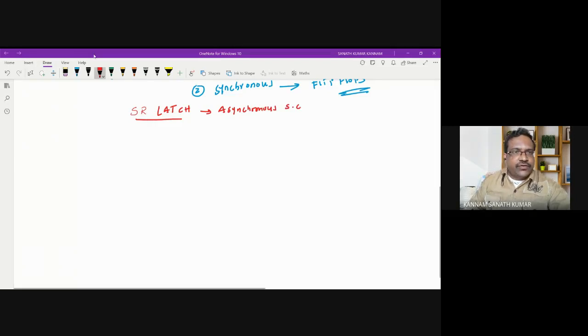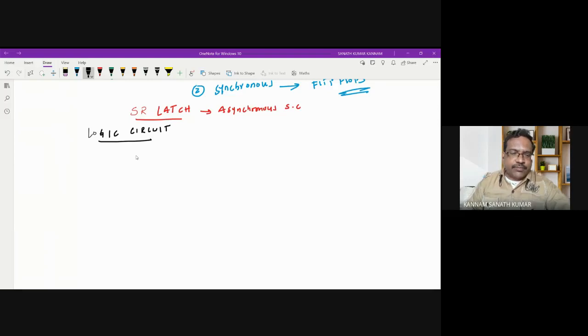If you observe the logic circuit, we can realize this SR latch by using two kinds of gates: one is the NOR gate and the next one is the NAND gate.